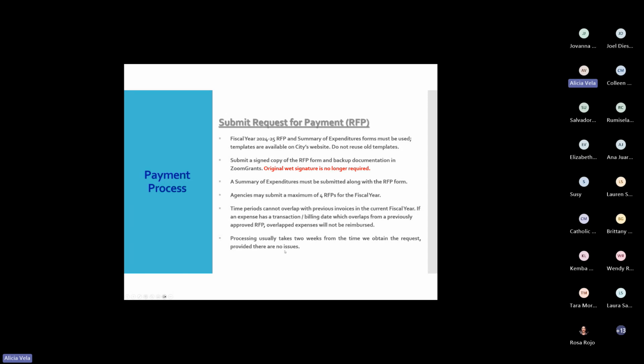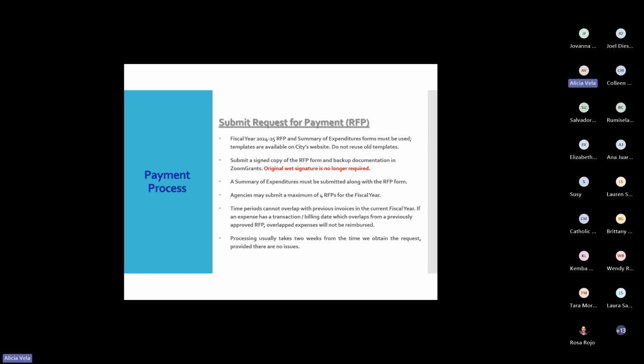Time periods cannot overlap with previous invoices in the current fiscal year. So if you have an expense or transaction that overlaps with an invoice that you already submitted, then those overlapped expenses will not be reimbursed. It just creates a lot of issues going back to old invoices, making sure we didn't already reimburse you for those.